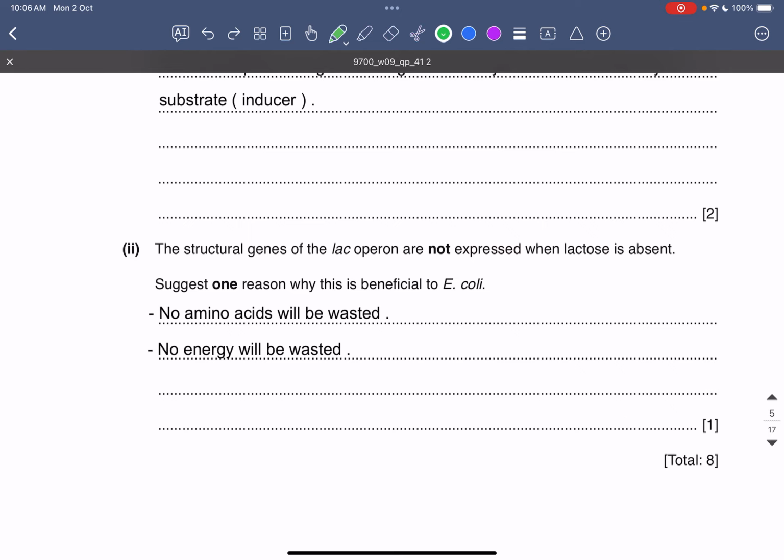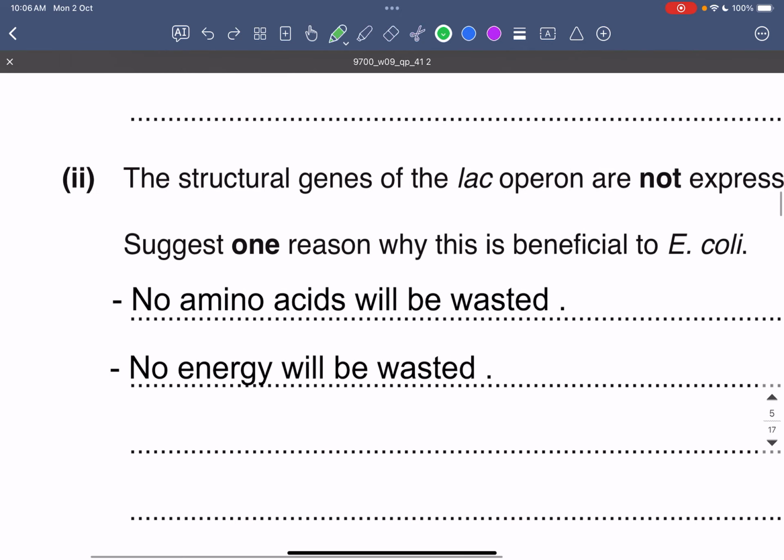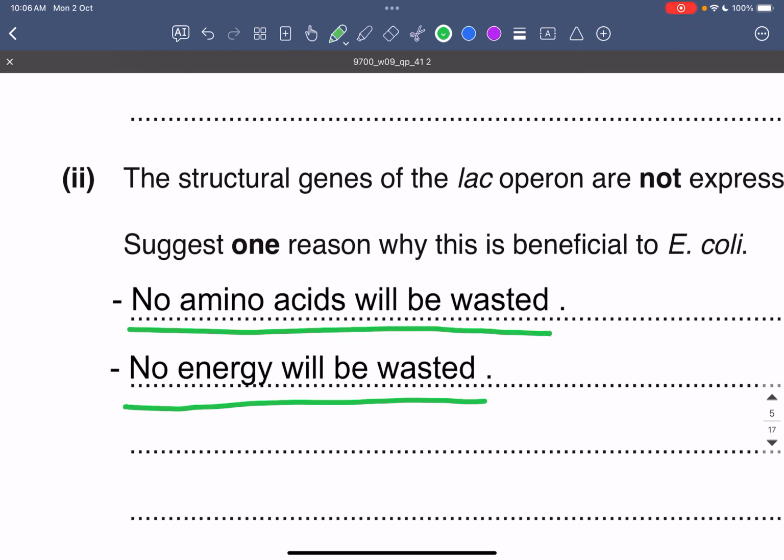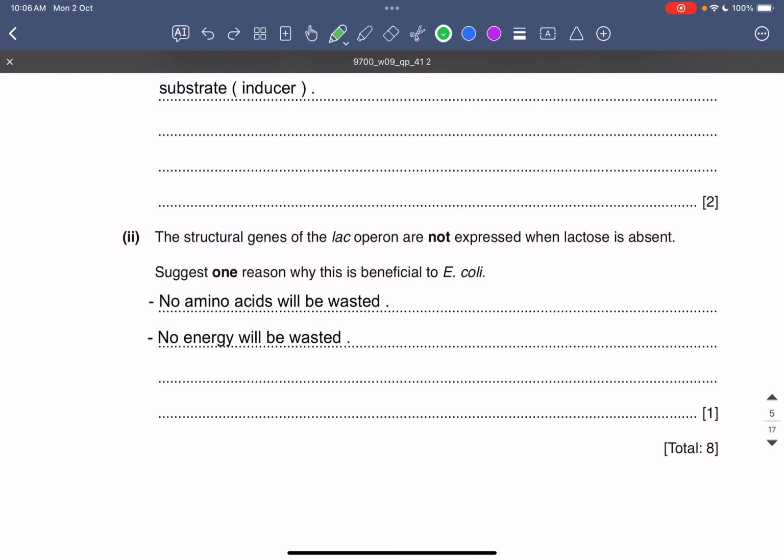They asked for one reason, I've given you two. So the answer to this question is no energy will be wasted and no amino acids will be wasted, as some cells don't like making proteins which are not required because the process of gene expression requires a lot of energy and resources.